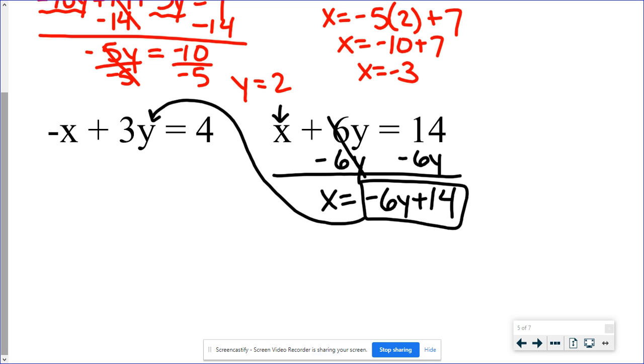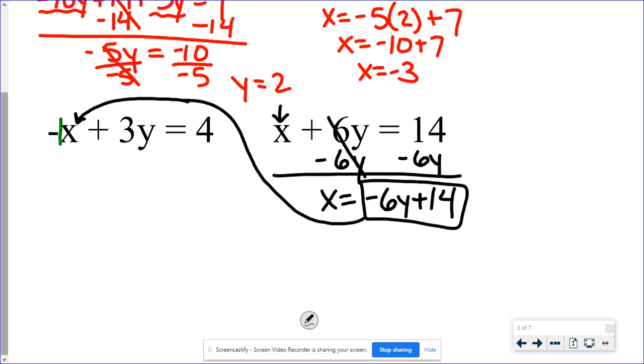So I will have negative 1x plus 3, and then don't forget your parentheses. Here's the y. I drew my arrow wrong and messed up. I'm sorry. This is the x.